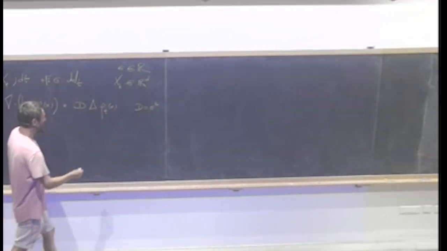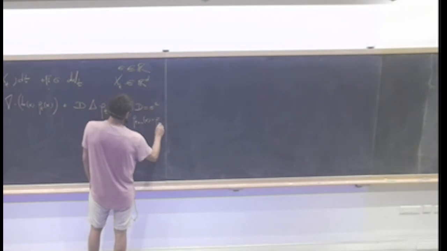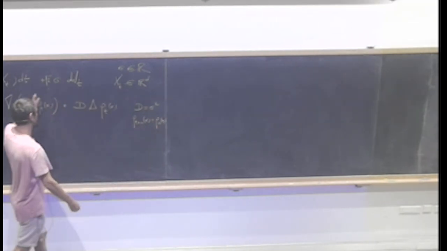Okay, and typically you need to solve this equation with some initial condition, which is, what was the distribution of x of t at time t equals 0. Okay?